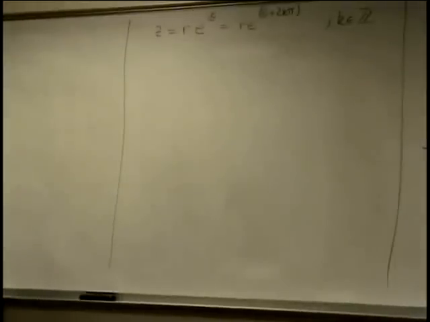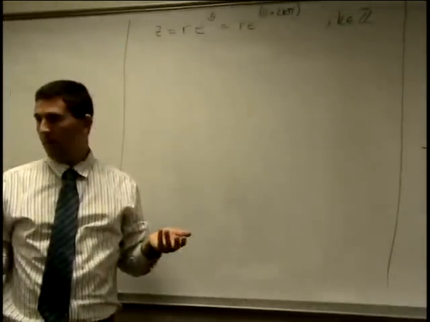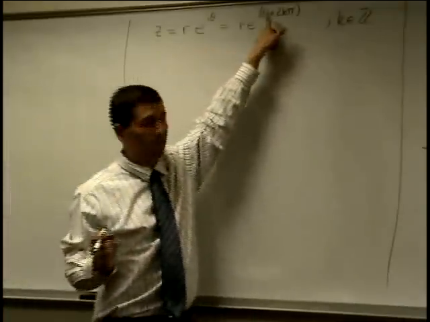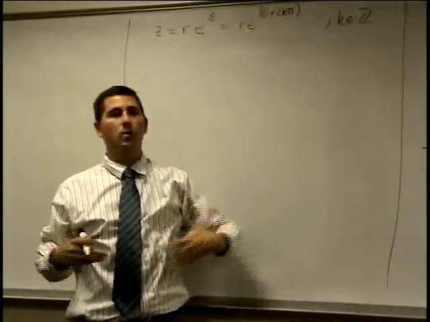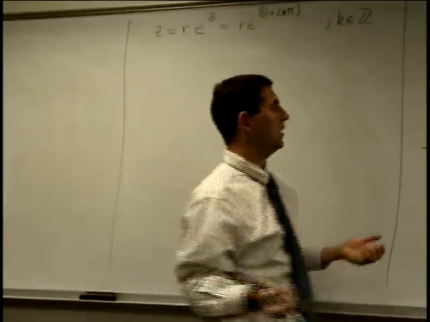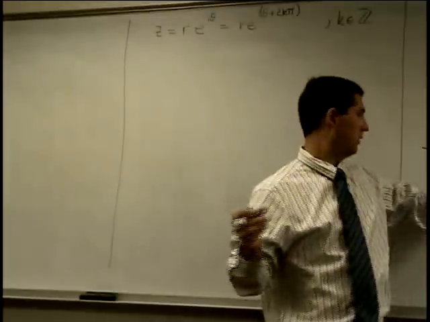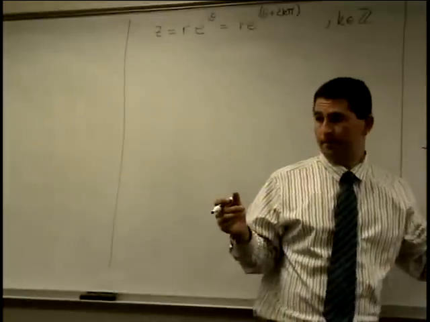Okay, fine. So which theta should we default to? That's the question. If somebody says, I have a z, it's a plus bi, can you give it to me in polar form? Well, you can use any one of these, there's infinitely many of them. Is there one that we can agree to default to? The one we agree to default to is the one between, in radians, minus pi and pi.